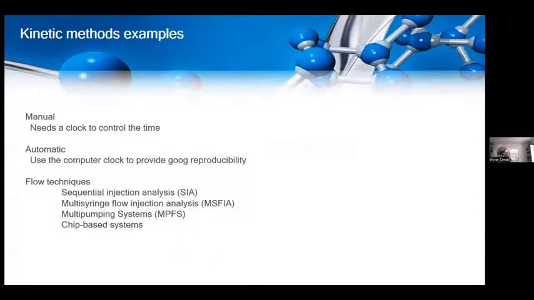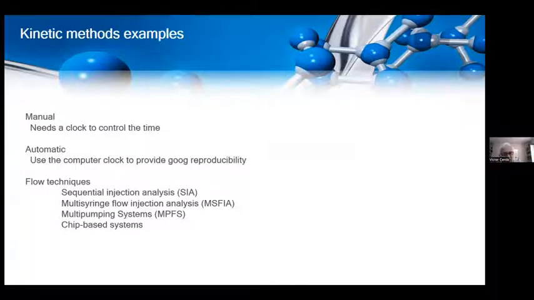I will provide now several kinetic methods, so several examples. They can be applied manually. This means you need a clock to control the time. It was used in the former times of kinetic methods. Later, with the use of computers, you can perform automatic kinetic methods.